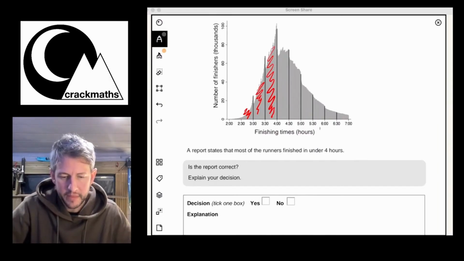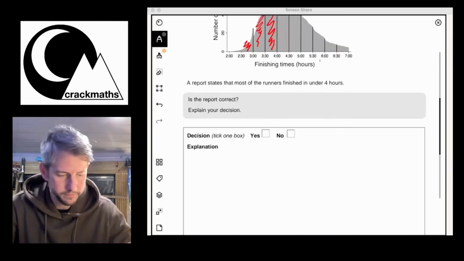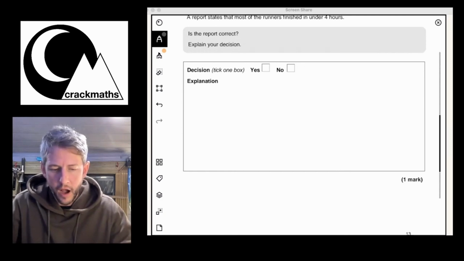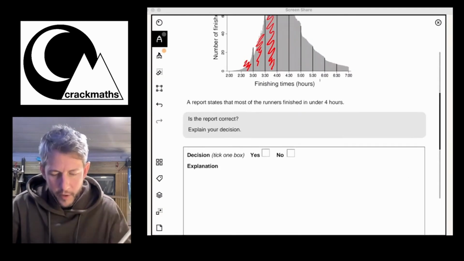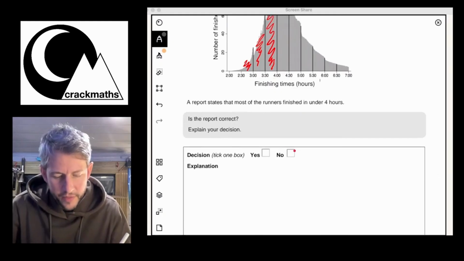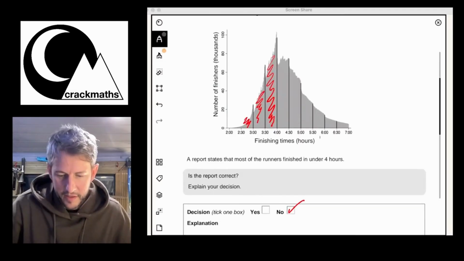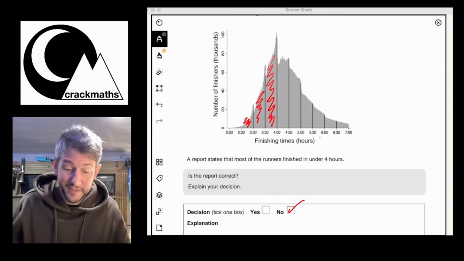How many marks is this? This is 1 mark. So I'm going to say no, I'm going to say that they don't. And the reason for that is because more people finished after 4 hours.